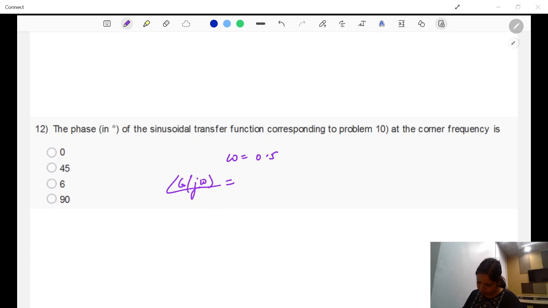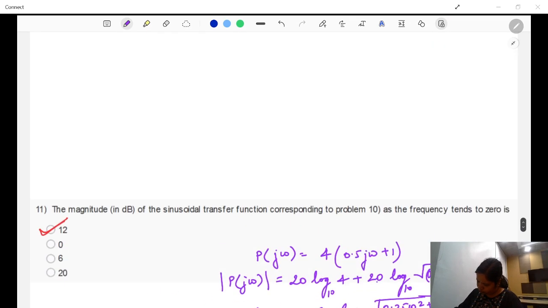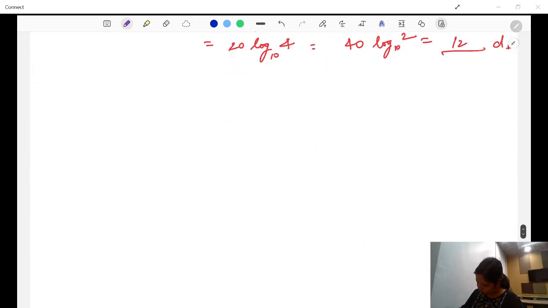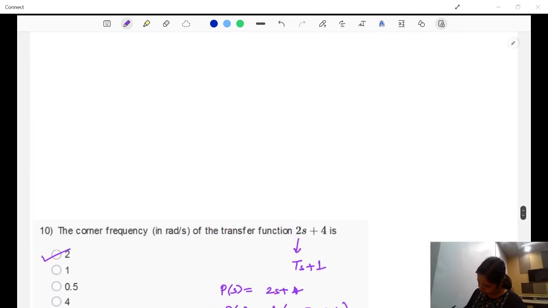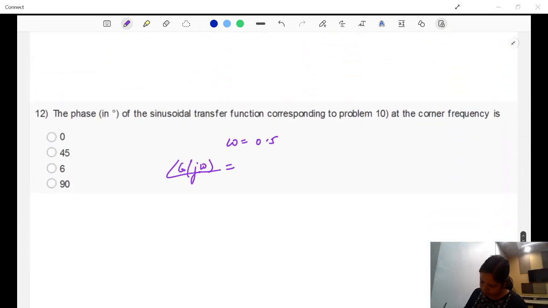Your transfer function was 2s plus 4, okay. I'll write it here again.